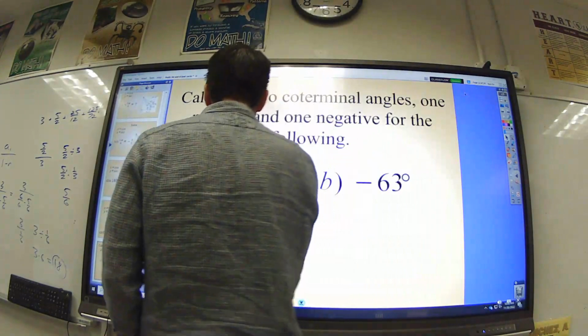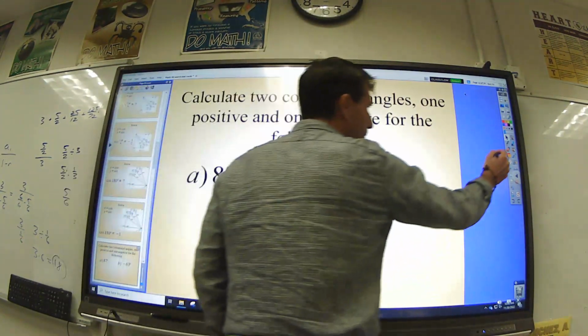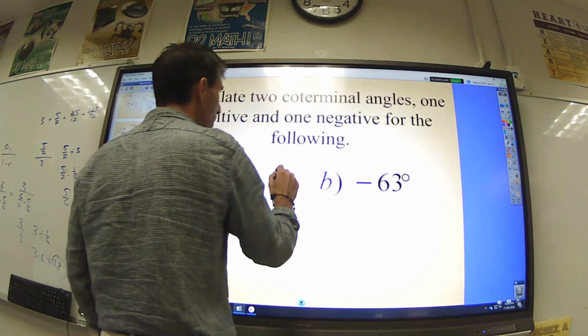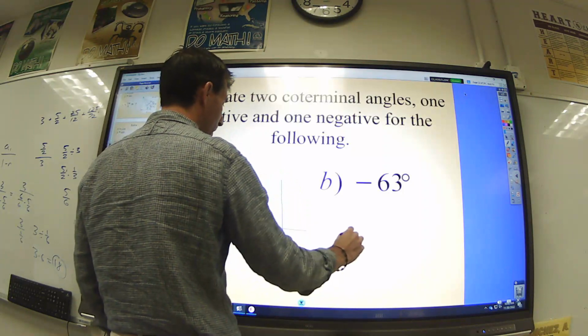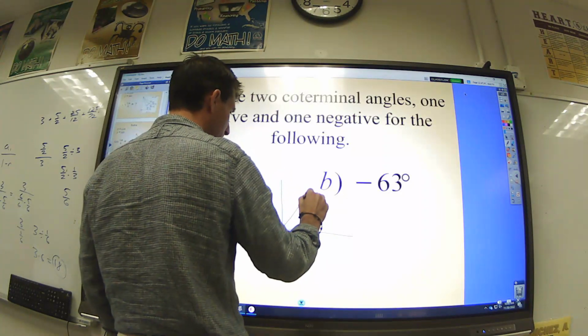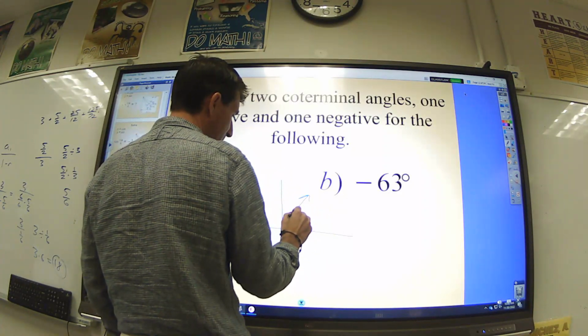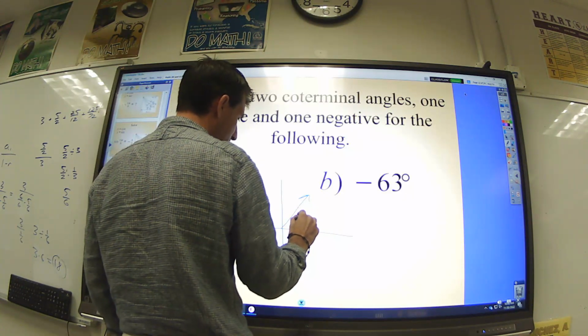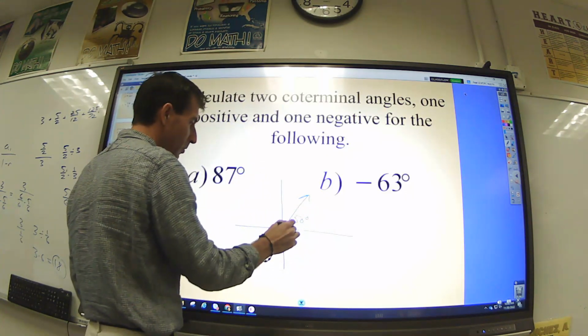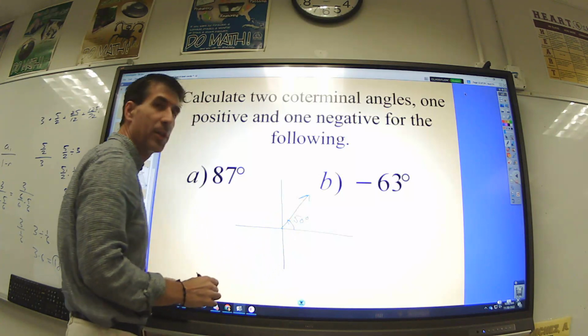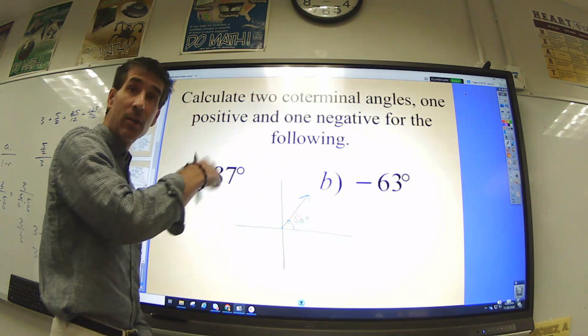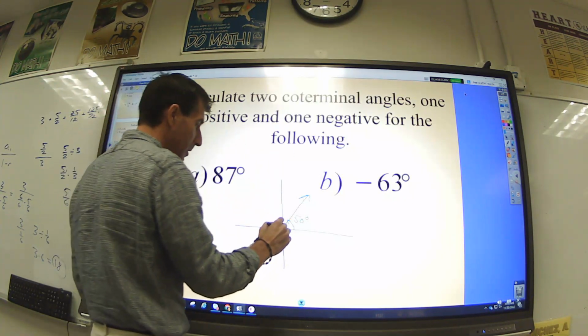Okay, so you guys remember, just real quick, coterminal angles are going to be like here. If I have an angle that's, let's say, 50 degrees, that means I went from here to here. But remember, the angles can spin.